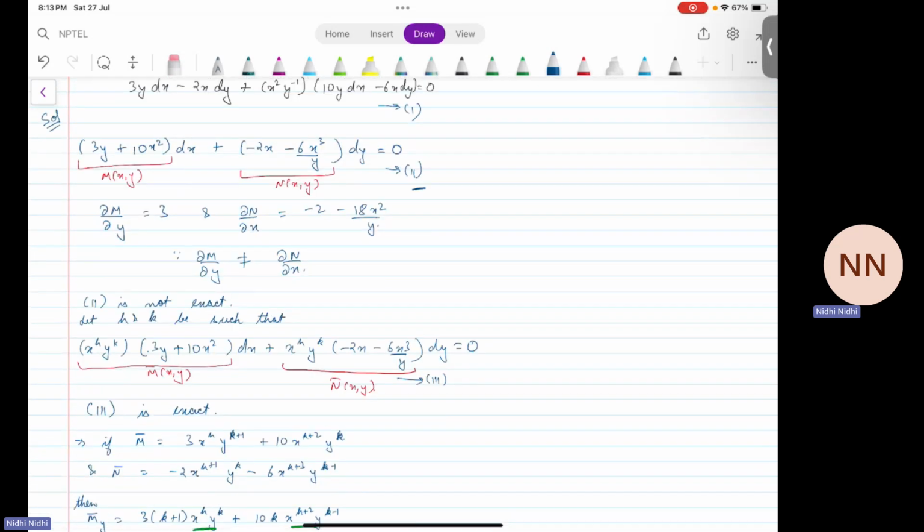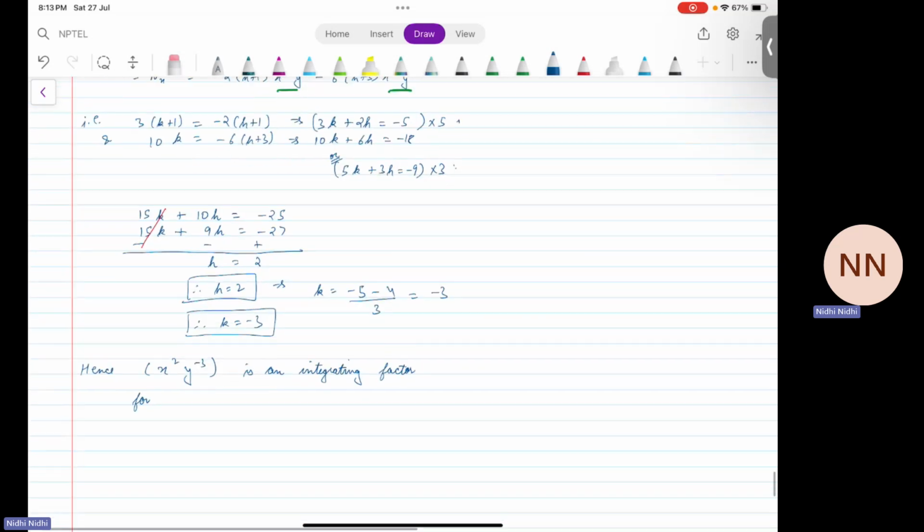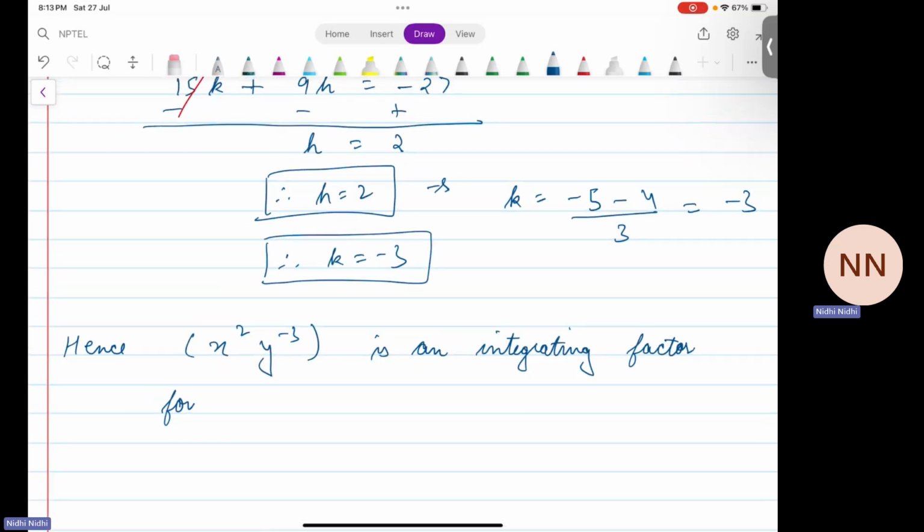Because if you multiply equation 2 with the function x^2 y^(-3), our problem becomes equation third, which is exact. Hence, it acts as an integrating factor for equation second.